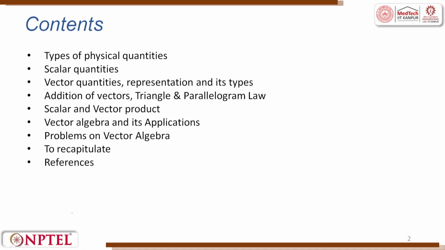Before I get into the content of this lecture, in the last two lectures, we have spent time in understanding what are units, type of units, and why units are very important. Any measurement we do without the units has no meaning.